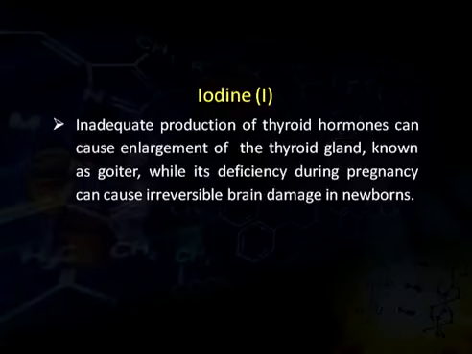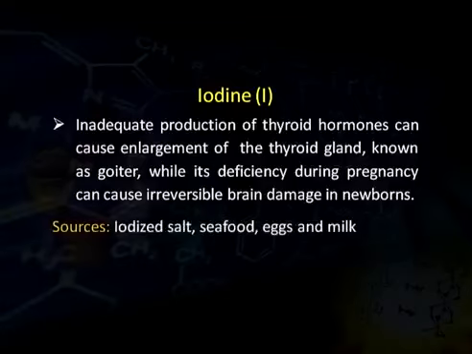Inadequate production of thyroid hormone can cause enlargement of the thyroid gland, which is present in the neck of human beings, and this disorder is known as goiter, while its deficiency during pregnancy can cause irreversible brain damage in newborns. Its sources include iodized salt, seafood, eggs and milk.